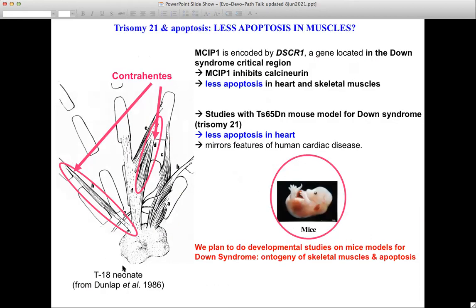Now, the mechanisms. I don't do experiments with animals myself, but other colleagues do. For instance, they can have model mice for Down syndrome.